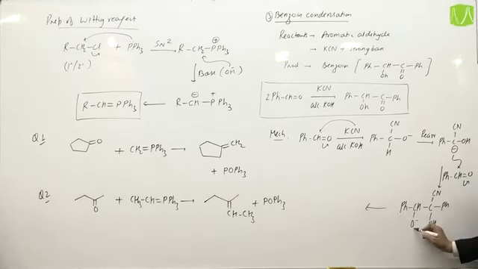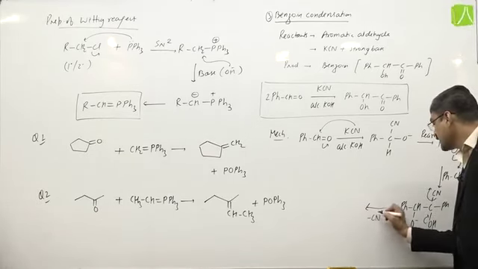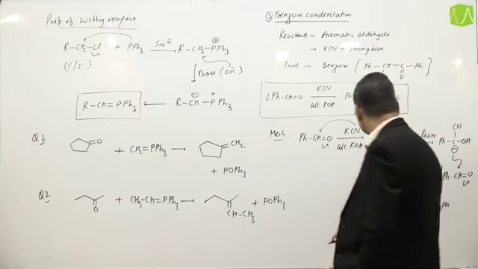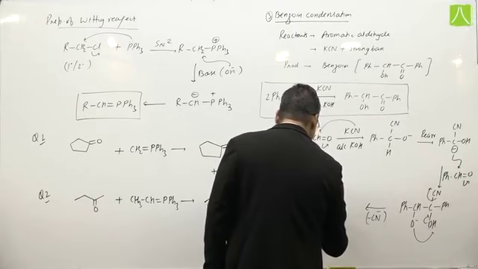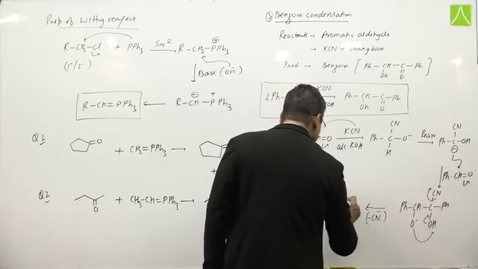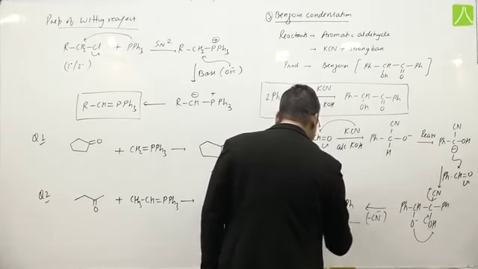In this compound, this O minus takes the hydrogen, converts into pi bond, and CN acts as a leaving group. The cyanide acts as a leaving group. So overall PhCHOH COPh, this product is obtained.